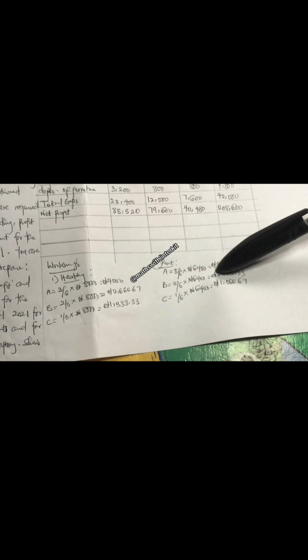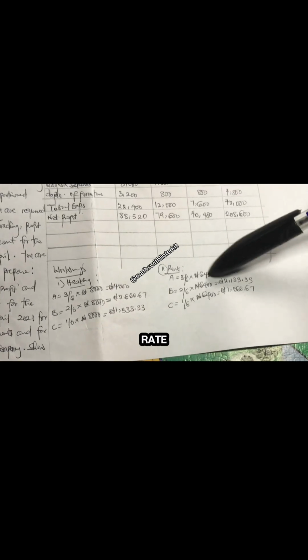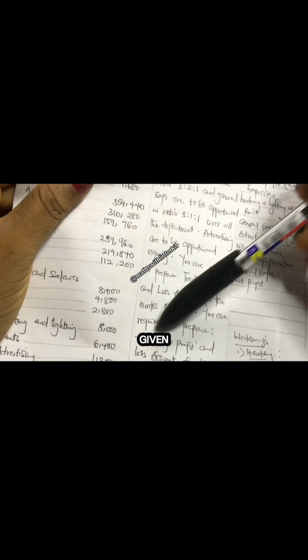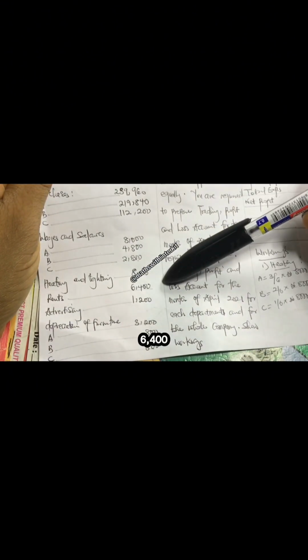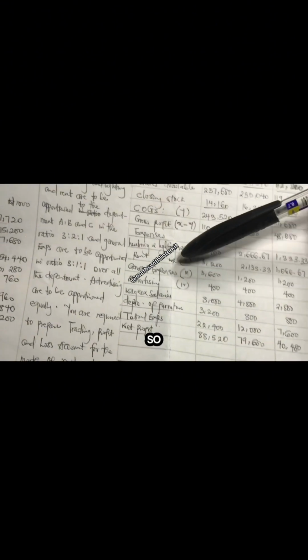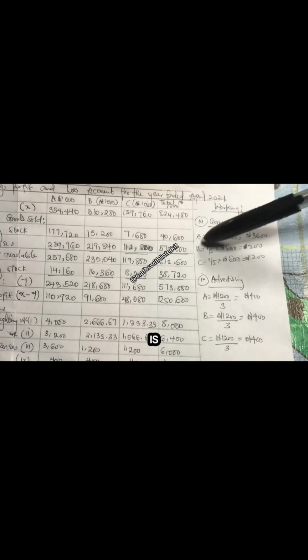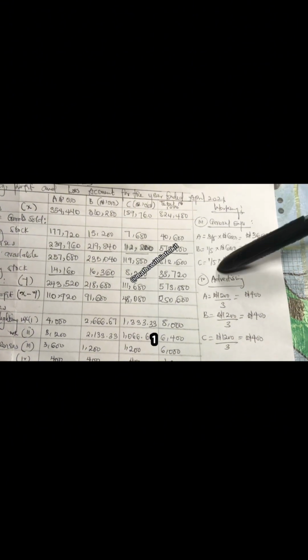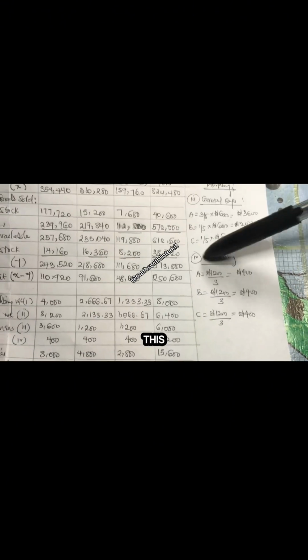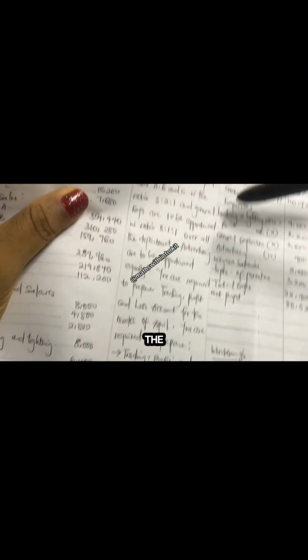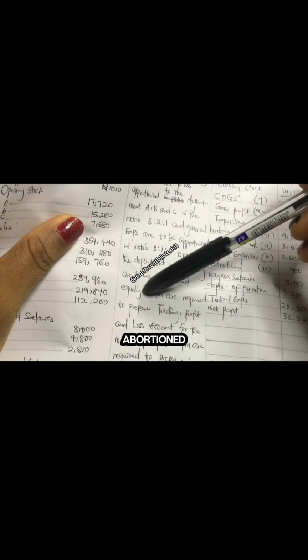For the rent, the same thing is applicable. We apportion it in ratio 3 to 2 to 1, and the total amount of the rent is 6,400, which is given in the question. For general expenses, the general expenses apportionment ratio is 3 to 1 to 1, which is this. For the advertising, we were told that it had to be apportioned equally.